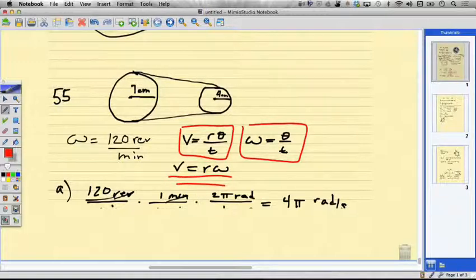I didn't specify it specifically, but that's the key to this problem. Linear velocity is just angular velocity times the radius. That's the connection. If I have angular velocity, I simply multiply by the radius to get linear. If I have linear velocity, I divide by the radius to get the angular velocity. That's really key to understanding this problem.